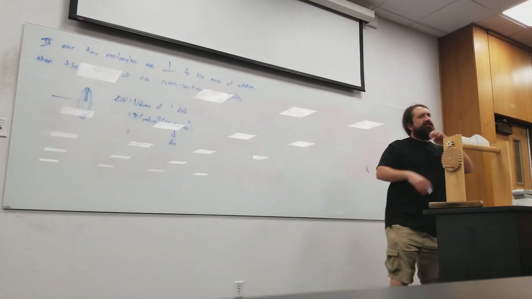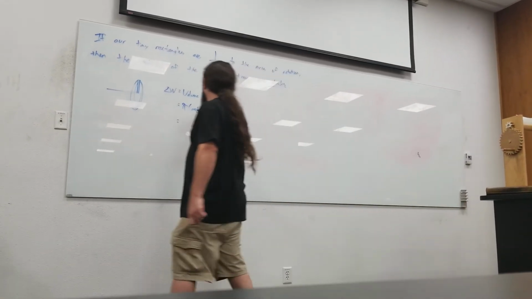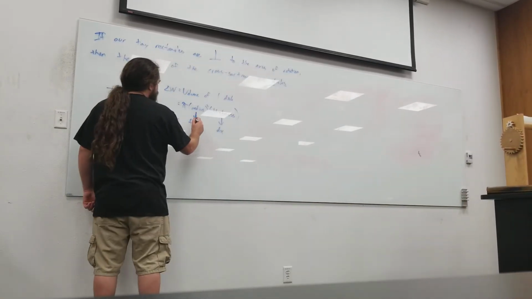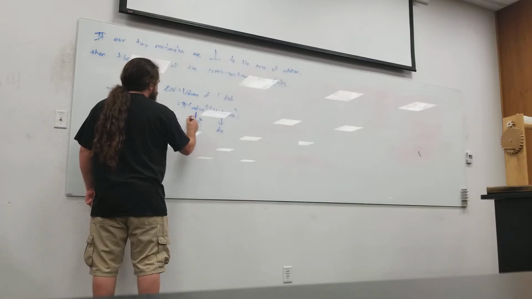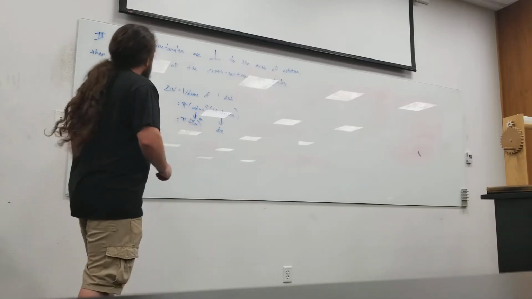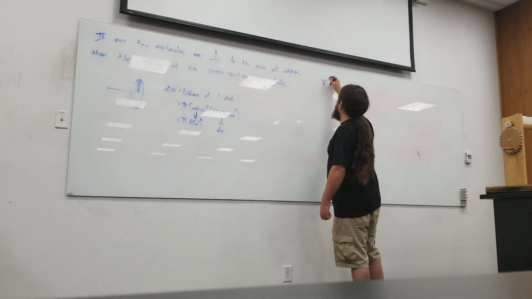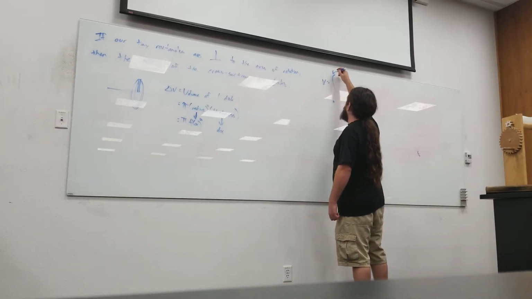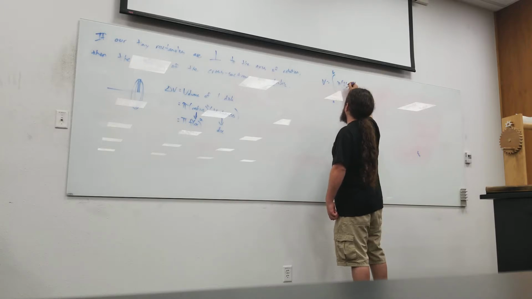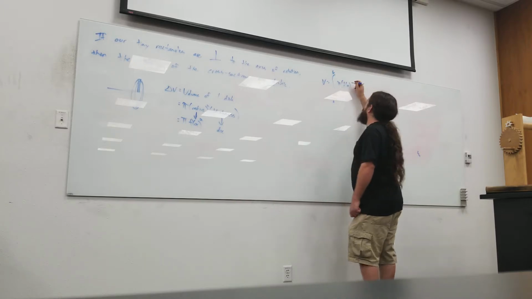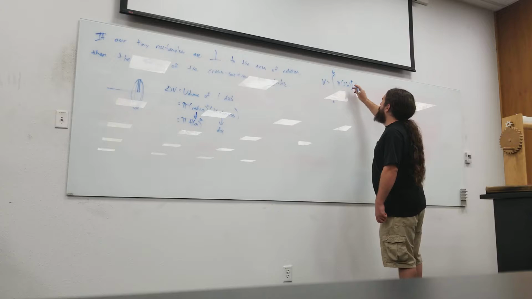So it's a function value. So in this case, it's going to be f of x. All right. So you can say, well, disk method, my volume is going to be the integral from a to b of pi times f of x squared dx.